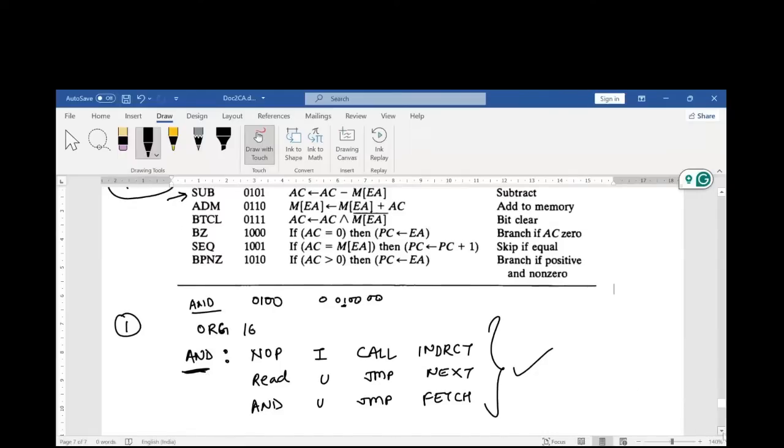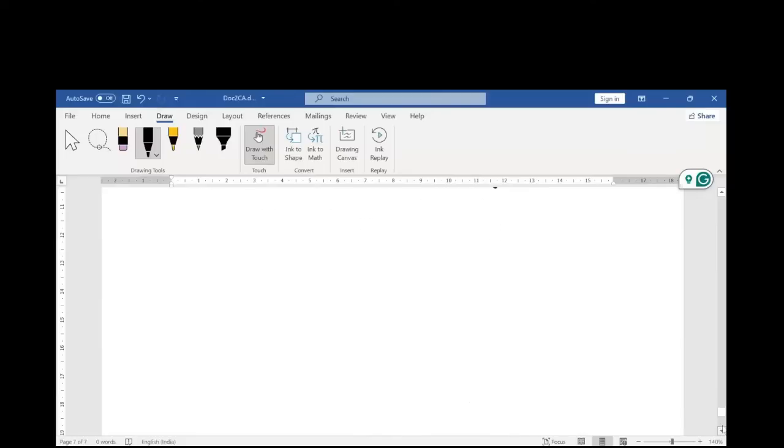Next is sub, 0101. Second given to you is sub. Its opcode is 0101. So what would be the origin? 1, 2, 4, 8, 16. 16 plus 4, 20. So ORG 20. Make the label sub.